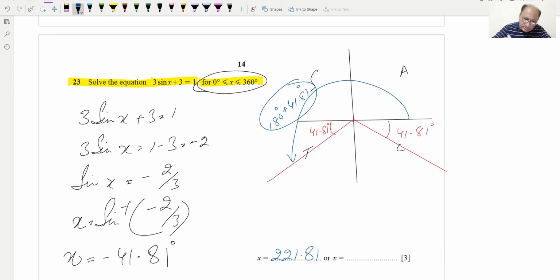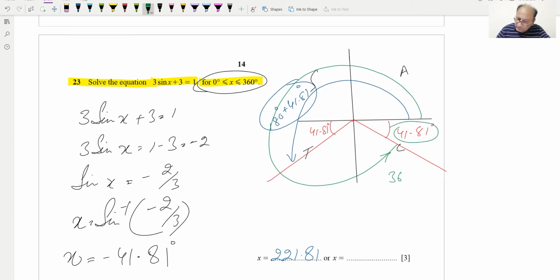And the second angle we can start from, basically I want to change the color, so we can change this one so that you can identify. So this complete angle will be 360 minus 41.81.